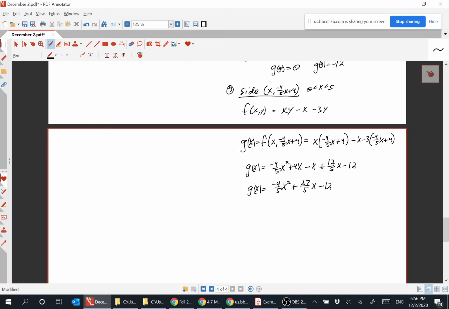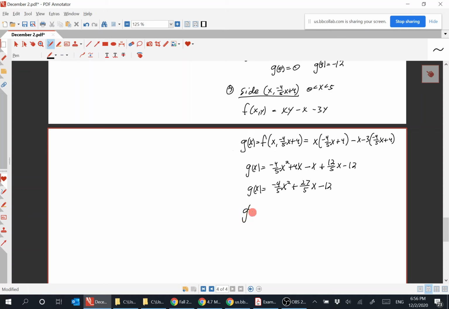So now what do I need to do with that single variable function? To find the max and min value, we've already checked the endpoints, so all I've got to do is find the critical points. Yeah, just find the critical points.